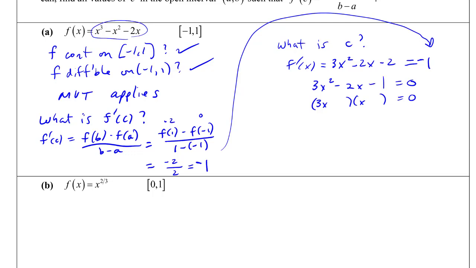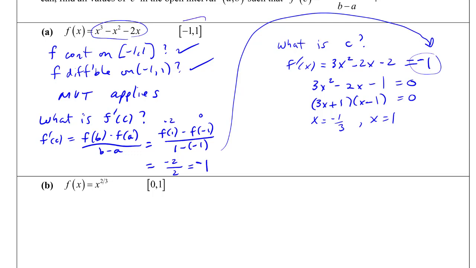Sorry about that. So I have 1 and 1 there, and I need a plus or minus. So this is going to be plus there and minus there. So x of negative 1/3 and x of 1. All right, so those are the two places where the derivative does end up being this negative 1 value.